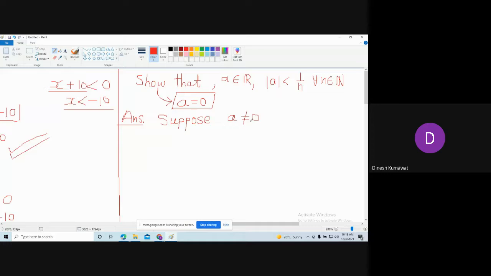Now by the law of trichotomy, if a is non-zero, then a is either bigger than 0 or a is less than 0. Now we are interested in mod a. So if a is non-zero, what can I say about mod a? Non-zero. Or can you say something more?